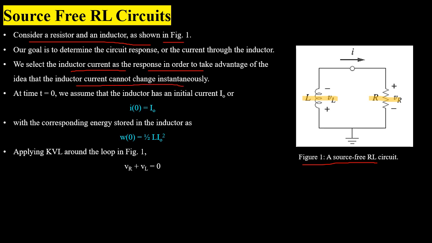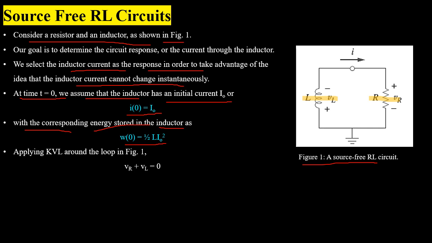We also assume that the inductor was initially connected to a DC source and energy is stored in it, and the initial current stored in the inductor is represented by I0, and mathematically i(0) equals I0. The initially stored energy in an inductor will be w(0) equals half times the inductance multiplied by the square of the initial current.